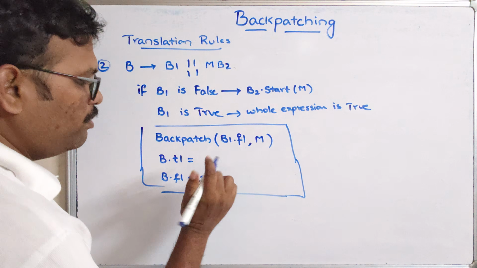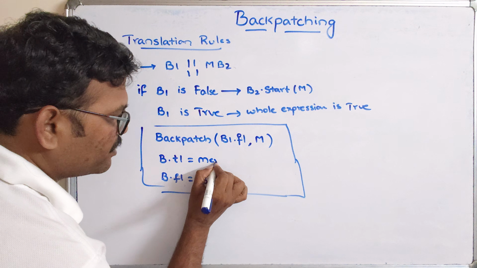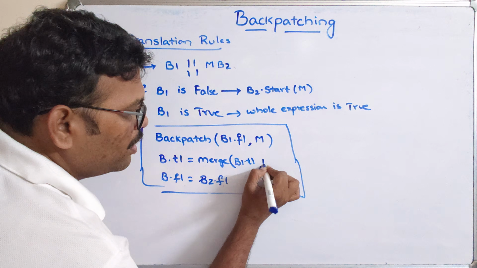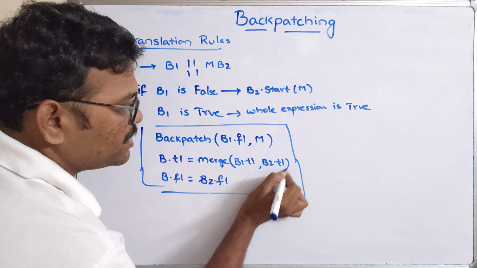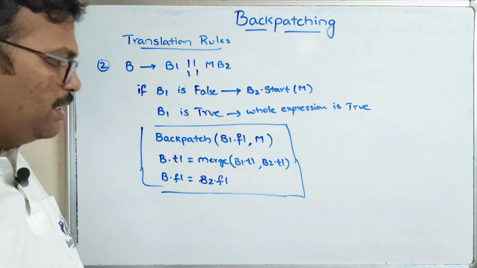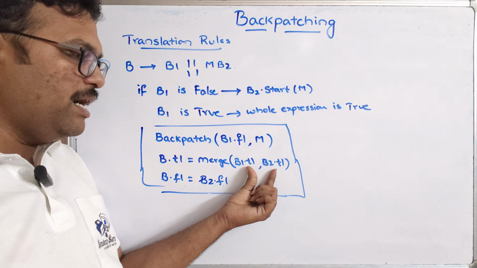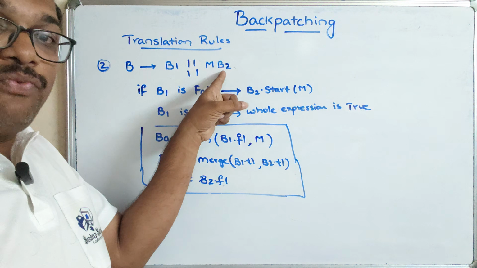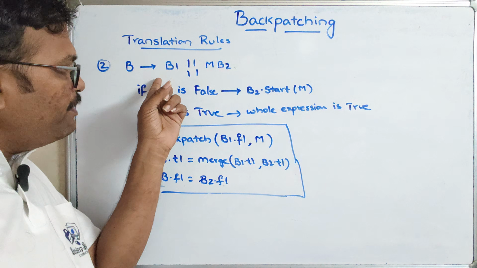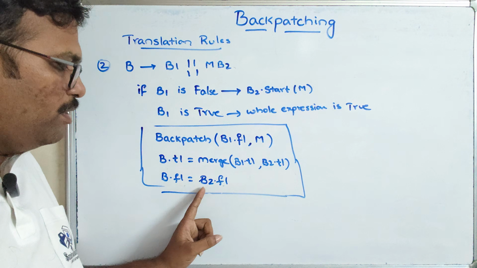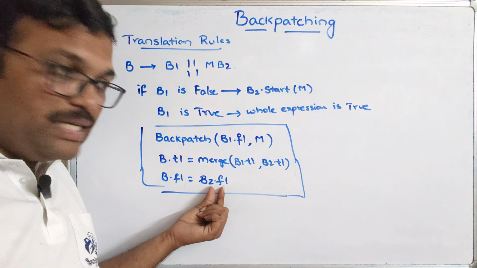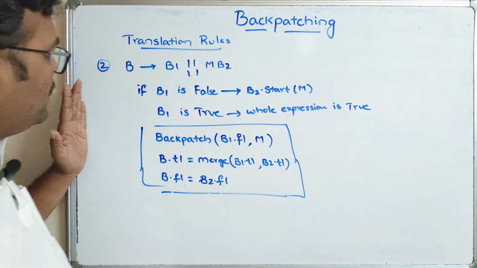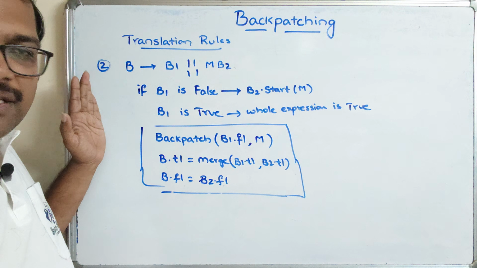And when it will be true, either B1 is in the true list or B2 is in the true list, so merge. If any one of them is in the true list, automatically that will be true. B2 will be computed only if B1 is false. So whenever B2 is in the false list, automatically B becomes false, the result will be false. So this is the second translation rule.